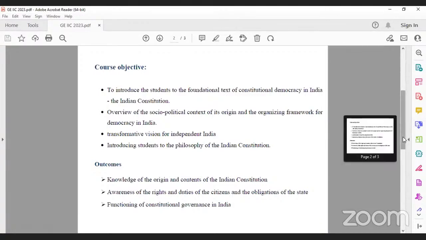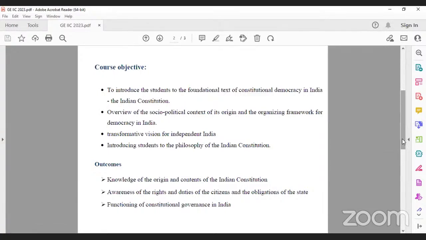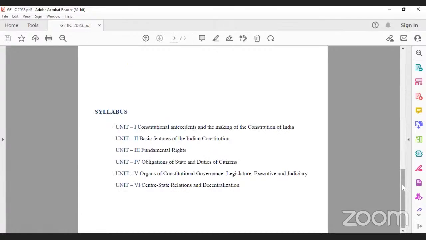Also, one of the key outcomes of this paper is to make us aware about the constitutional functioning of governance in India. And with these objectives and outcomes in mind, the syllabus of the paper is structured into 6 parts.